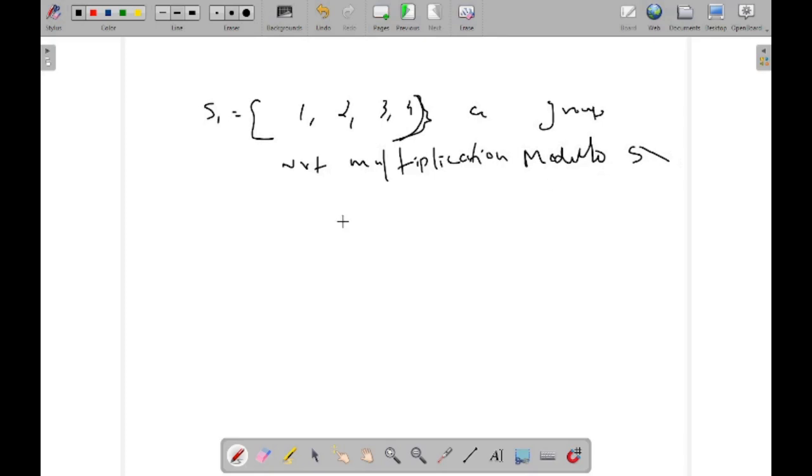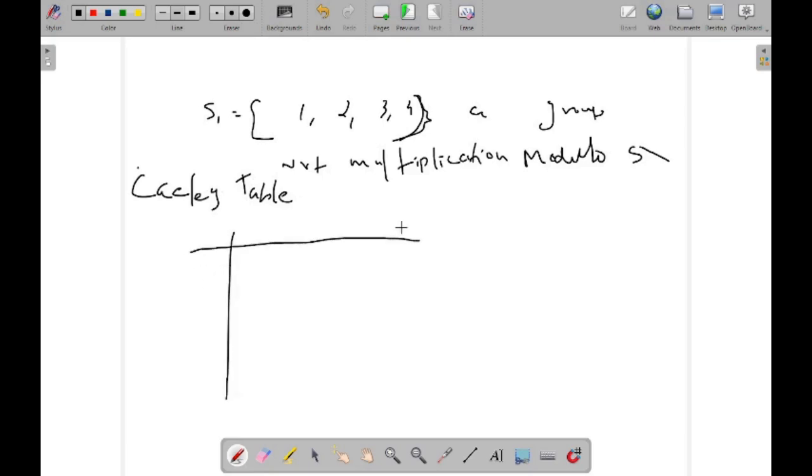Okay, let us consider the Cayley table, where the binary operation is multiplication, with elements 1, 2, 3, 4.